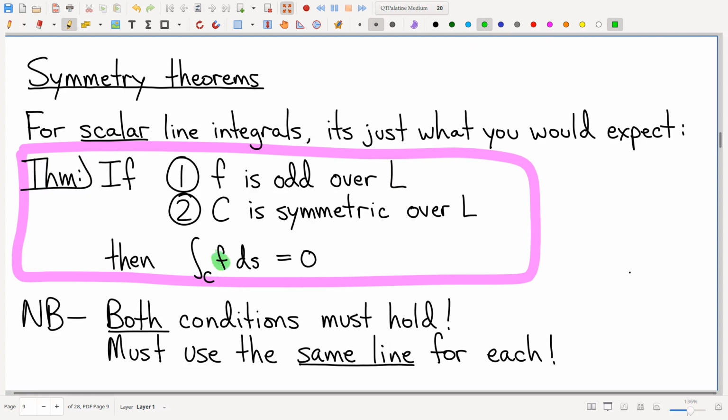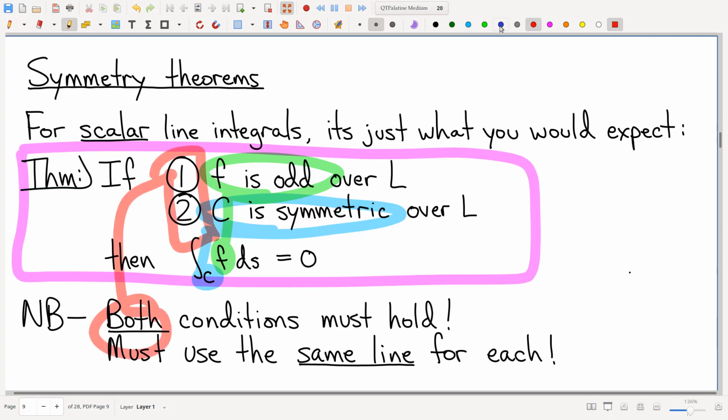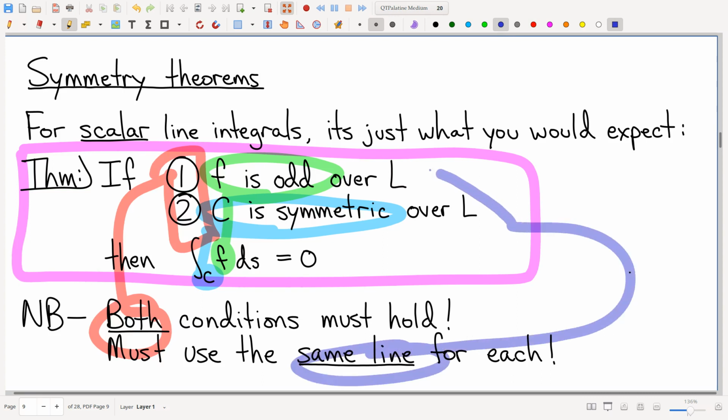If you have an integrand that's odd, and you have a domain that's symmetric, that is, both of these conditions apply over the same line, then your integral is 0. Zero by symmetry. Super powerful, very convenient. Old news. No surprise. This is kind of what we would expect to be true.